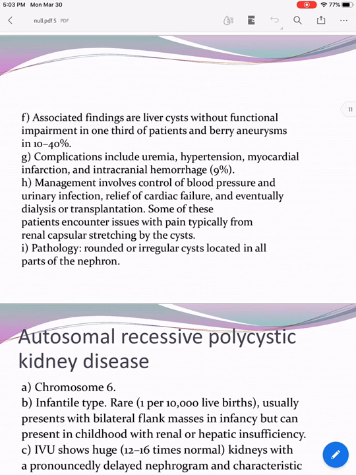And the final step in the management, we should advise the patient to prepare himself for transplant. This is the final and definitive management of this disease.